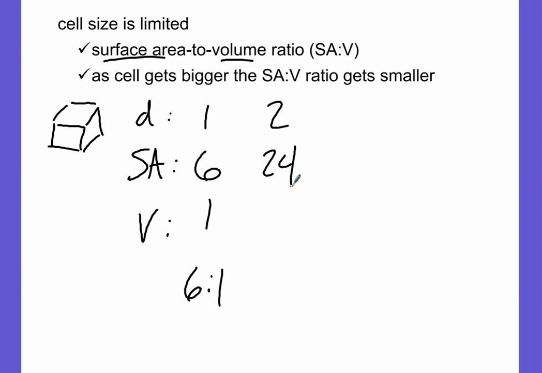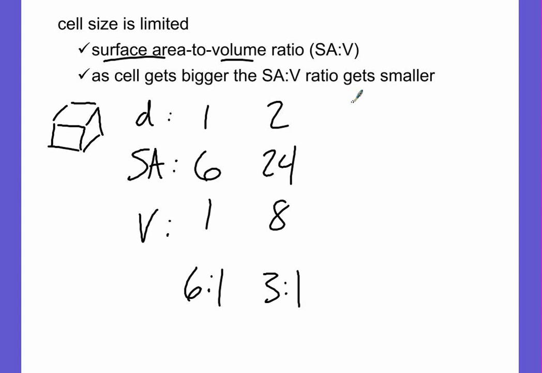Then I do 2 times 2 times 2 for a volume, and 2 cubed is 8. So my new ratio is 24 to 8, but I should be able to reduce that. So it's actually going to be 3 to 1, because 8 goes into 24 3 times.